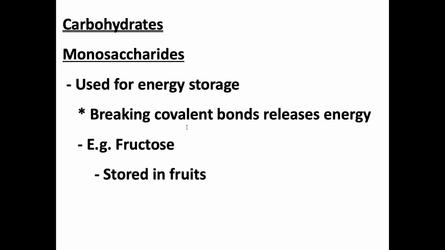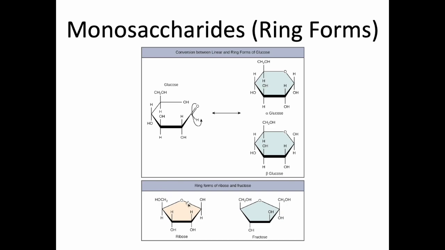If you break apart bonds, that's going to release energy that you can use to do stuff. So just by having these covalent bonds holding together the atoms in this molecule, that makes this an energy storage molecule. And a lot of these things are built just to be broken down at a later date in order to get energy.